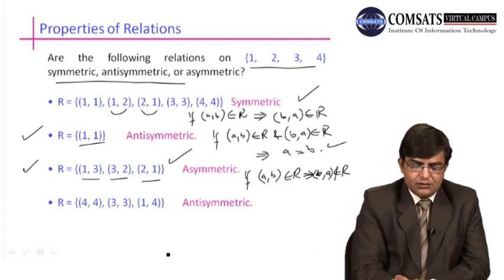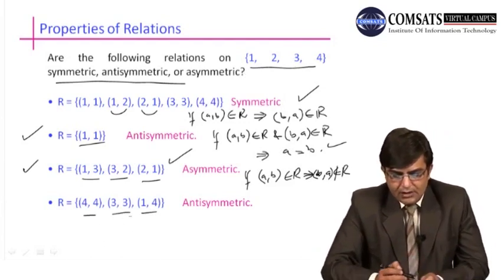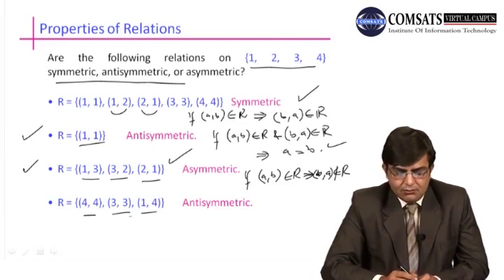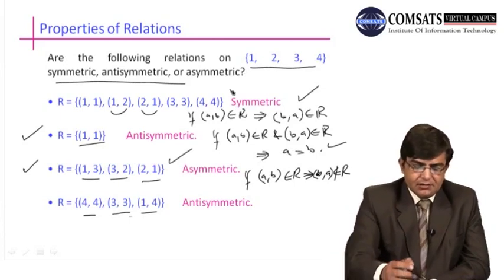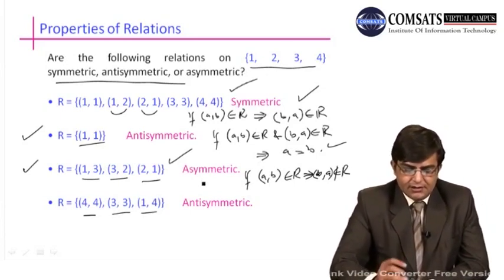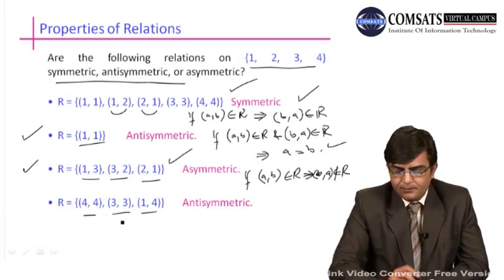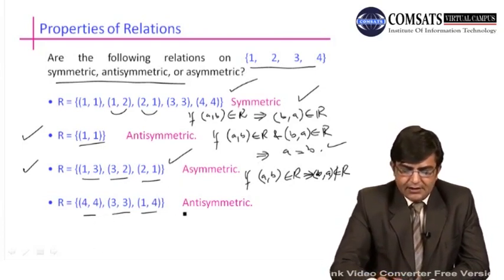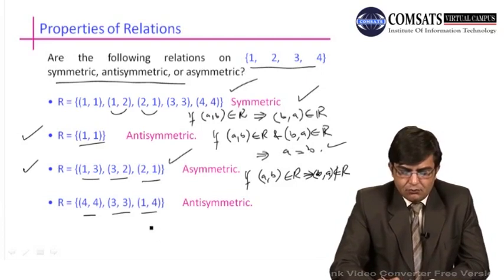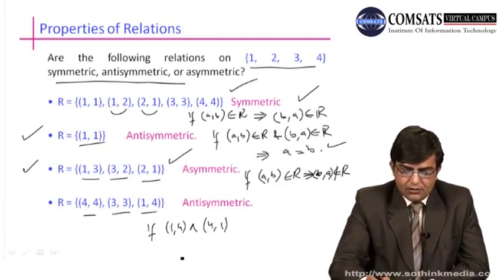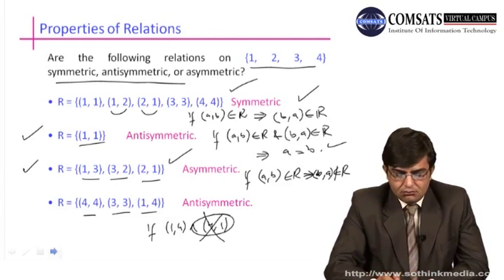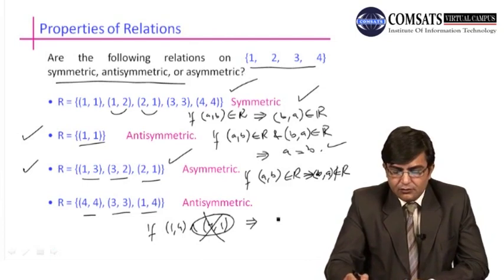This relation is 4 4, 3 3, 1 4. This relation is antisymmetric because it satisfies the condition. This relation is also antisymmetric. This relation is not antisymmetric. For 4 4, 3 3, 1 4, antisymmetric is basically if both 1 4 and 4 1 are present, it implies 1 is equal to 4.